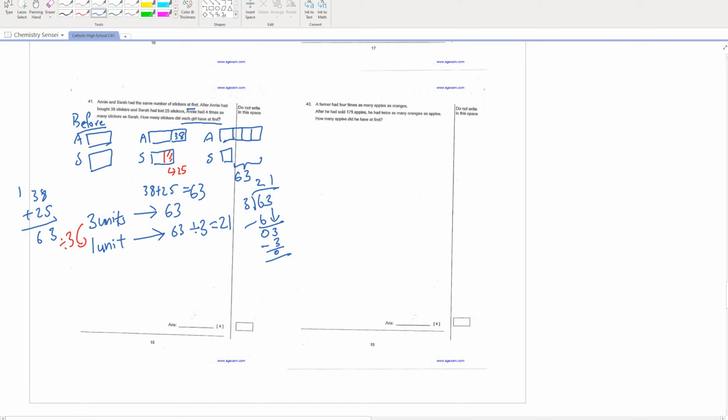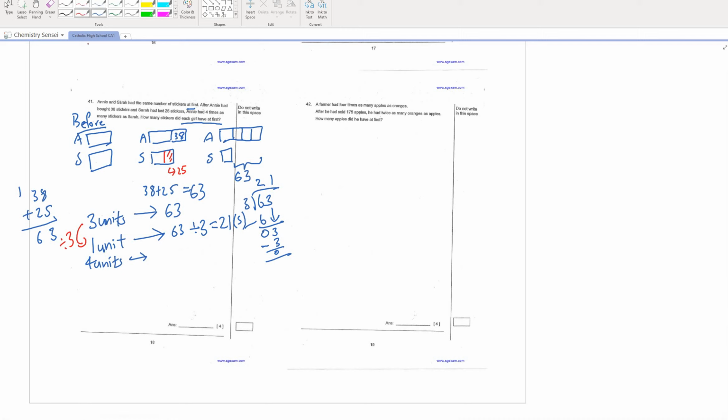So in order to find how many stickers they have at first, let's find out how many stickers they have now. Sarah has 1 unit, so this is Sarah after losing 25 stickers. Let's find 4 units for Annie.